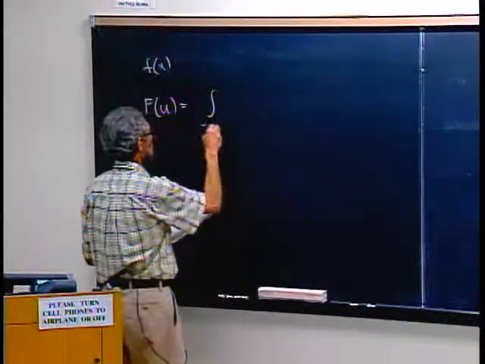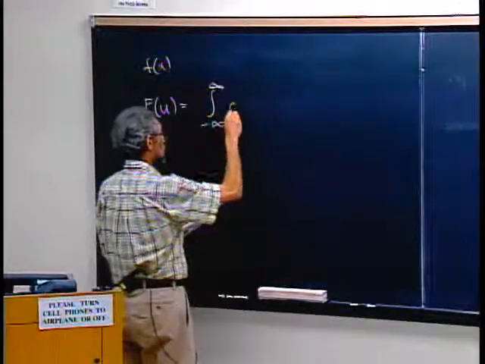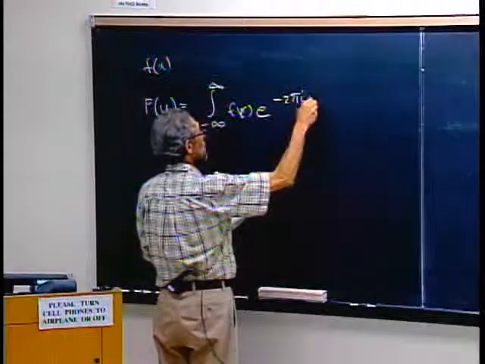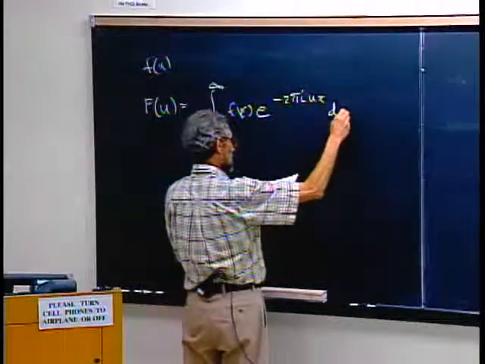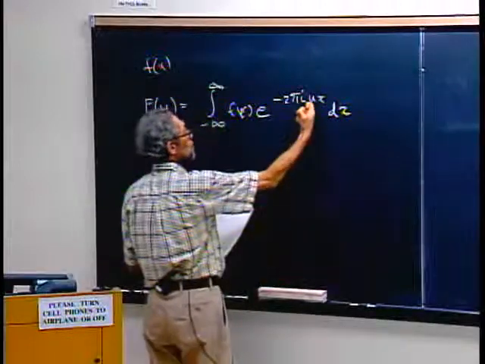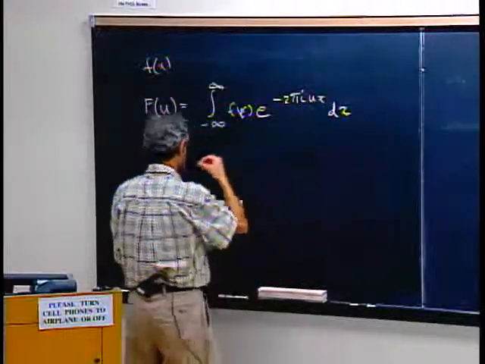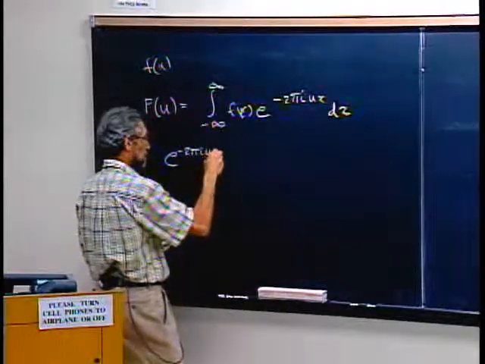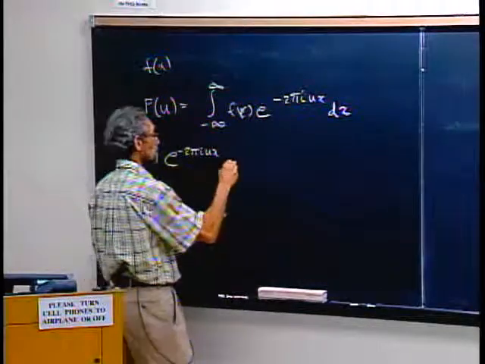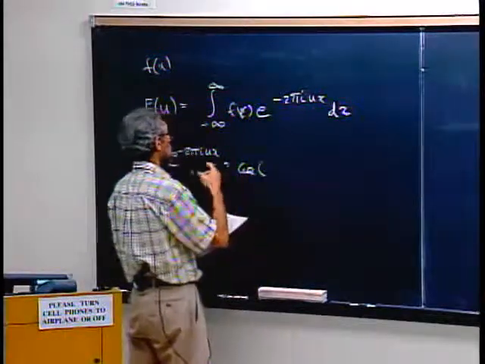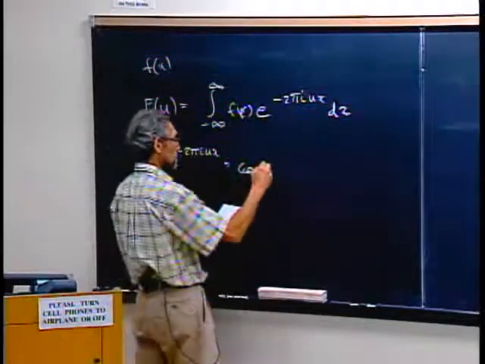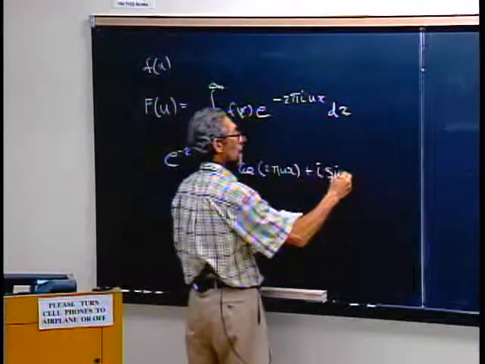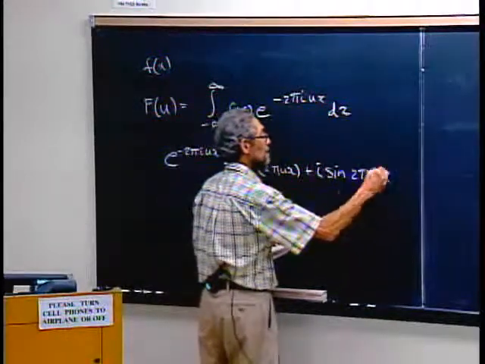And so this is the integral from minus infinity to infinity of f of x e to the minus 2 pi i u x dx. So this frequency comes here, and since e to the i anything is cosine of that thing, the thing that multiplies i is 2 pi ux, plus i times the sine of 2 pi ux.